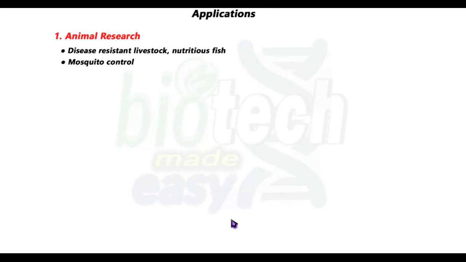Recently, researchers in the UK proved that a gene which stops female mosquitoes from laying eggs can be introduced in mosquitoes that spread malaria. This may be a way to control malaria all over the world. Only future will tell whether we'll be able to control malaria by CRISPR technology or not.